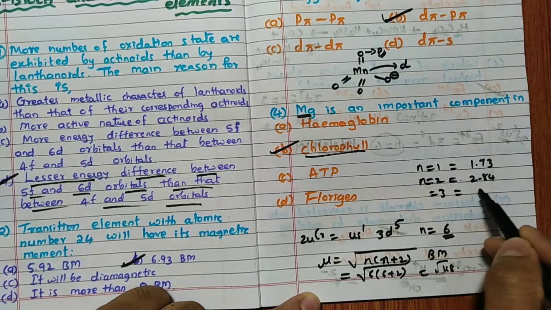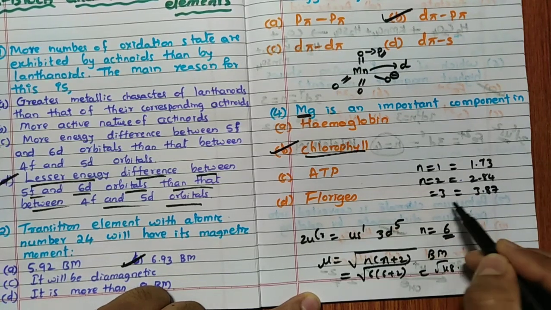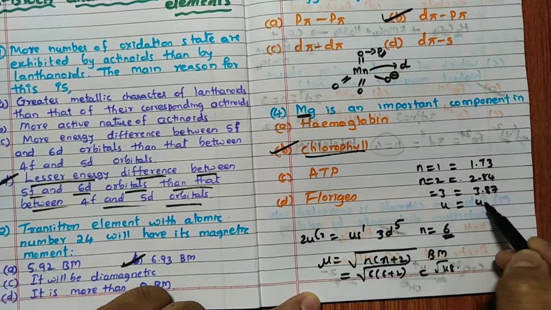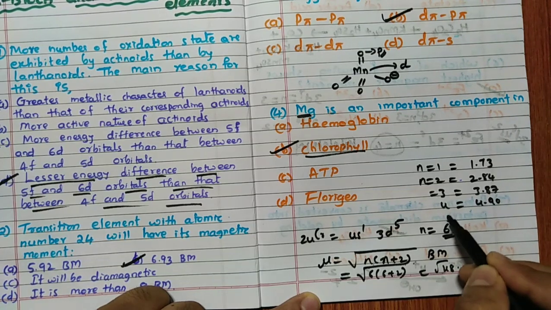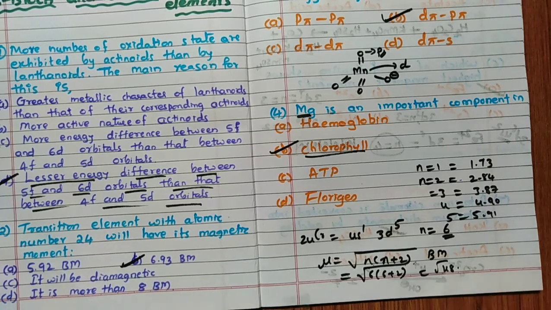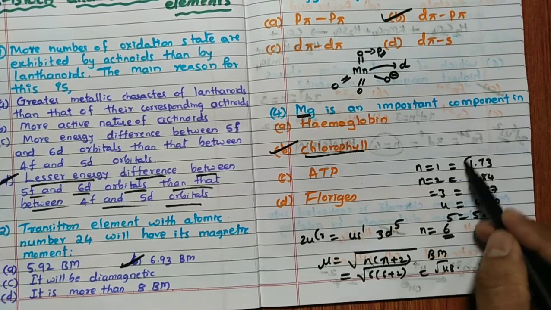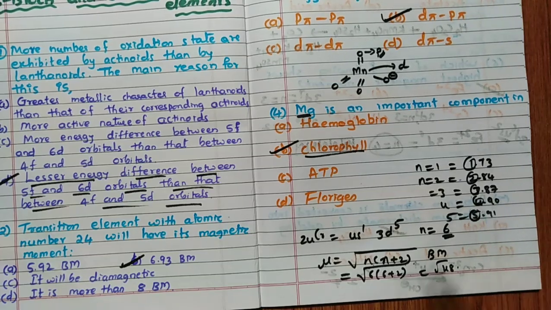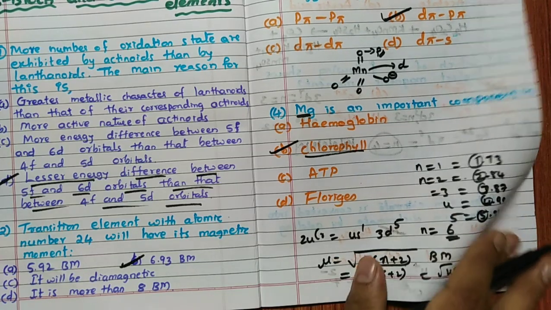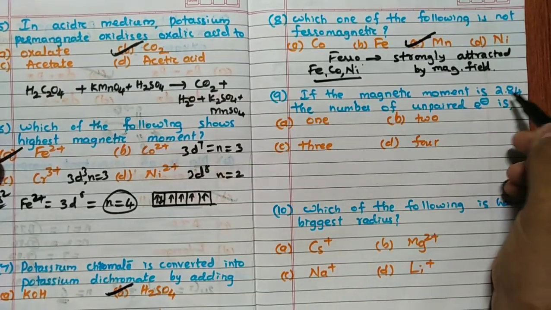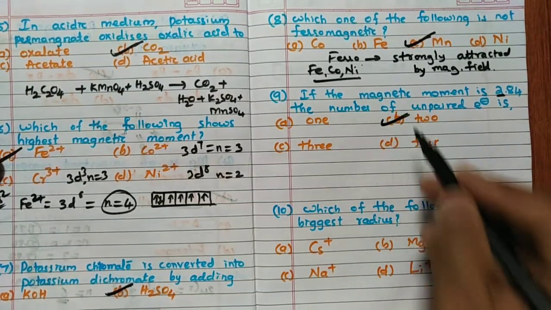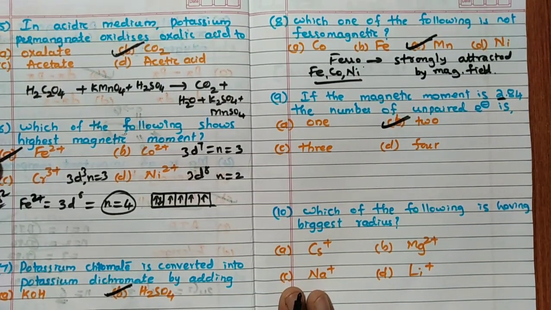If n is 3, you will get 3.87. If n is 4, you will get 4.90. For 5, 5.91, and for 6, 6.93. So whatever the first digit you are seeing, that is the number of unpaired electrons. That is the hint here. If 2.84 is given, 2 is the answer. So 2 unpaired electrons are present.